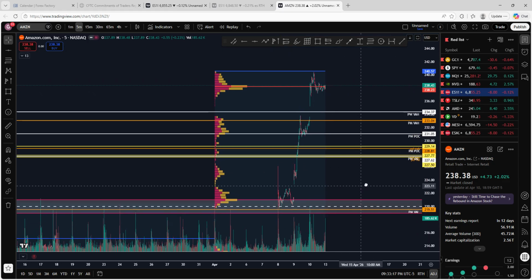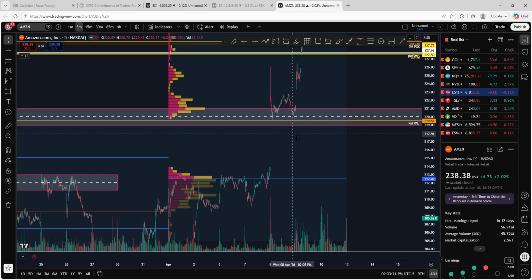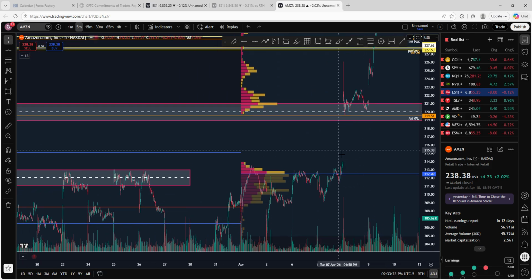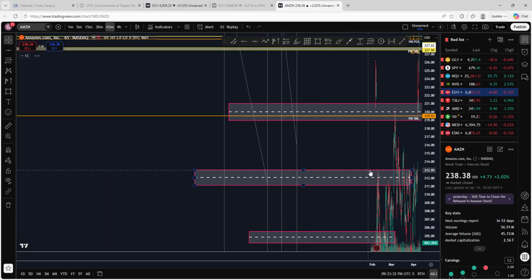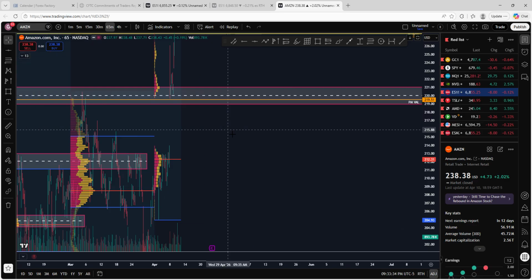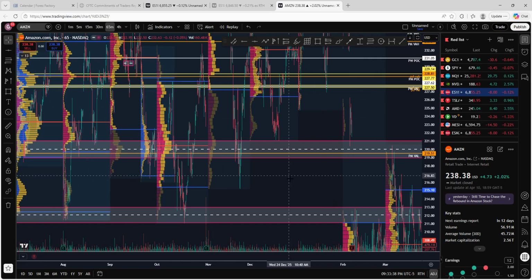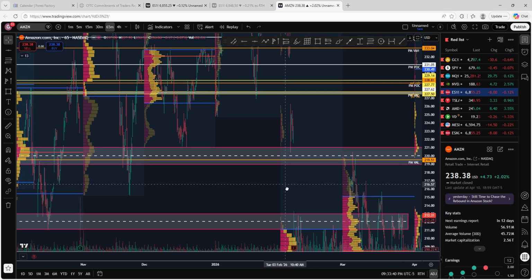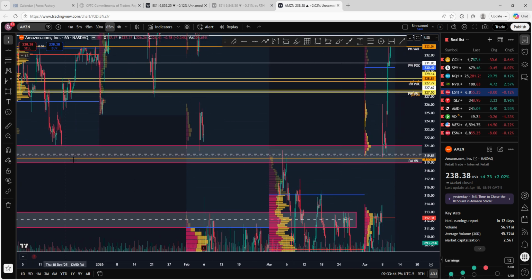At some point. And look. These levels here, guys, I promise you again, I have not touched Amazon in I don't know how long it's been. But these levels work. They just work. Look at this. I promise on everything, I have not looked at Amazon in however many months.